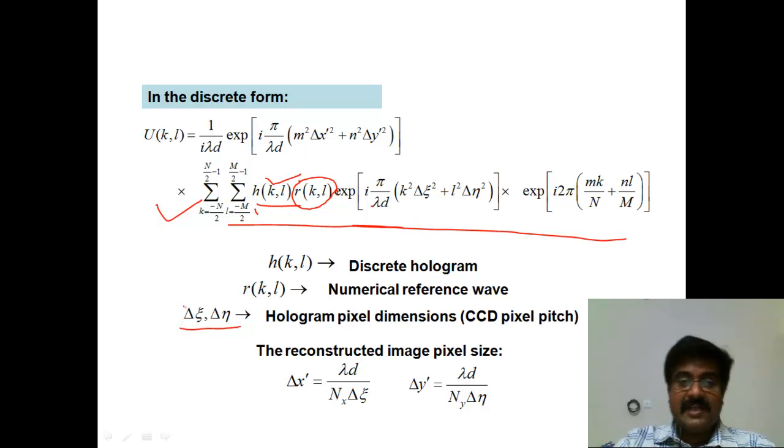But after numerical reconstruction, we get a complex image with pixel dimensions that can be computed. Delta x dash and delta y dash may be computed in this fashion.